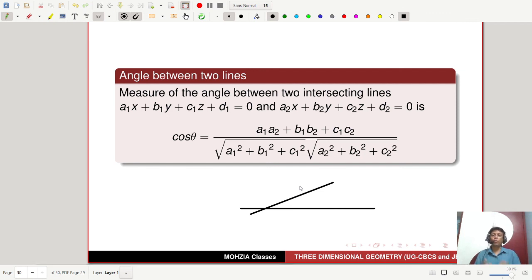Always remember, two planes intersect in a line. So if the equations of two planes are given in the problem or any theoretical part, that means they will give you the lines. They will produce the line, because if you take two intersecting planes, they will generate a line, the line of intersection of two planes. That is why the language is.